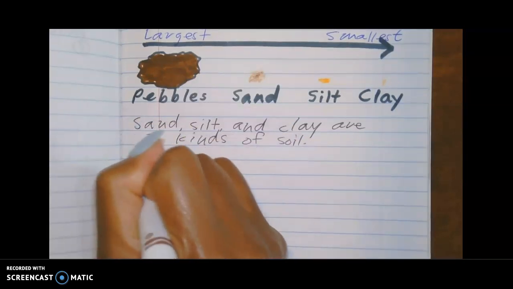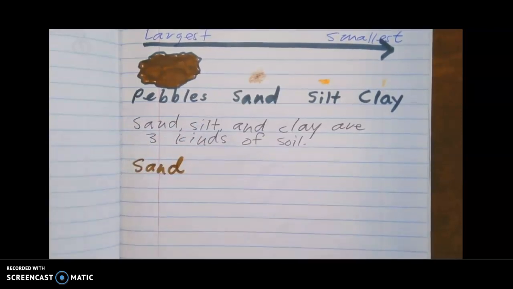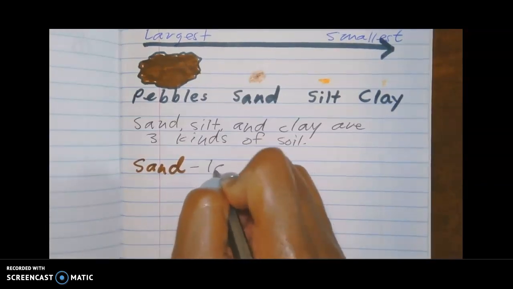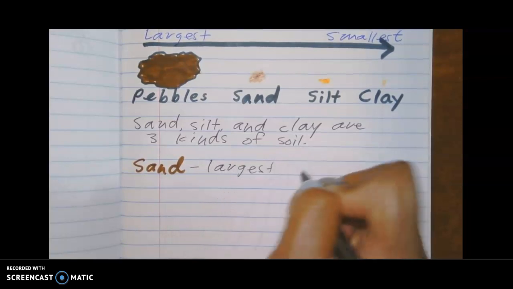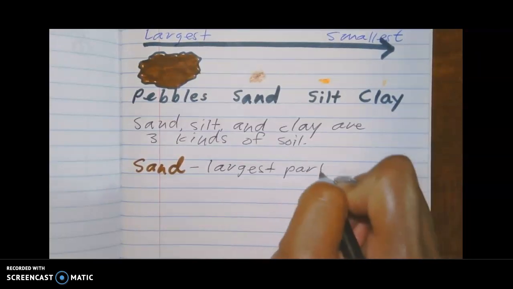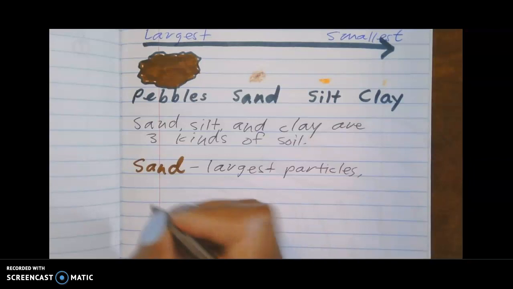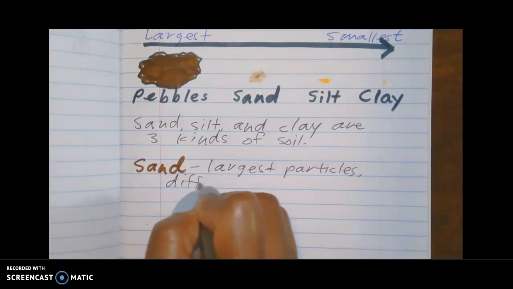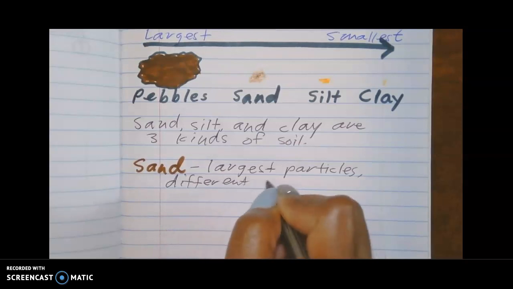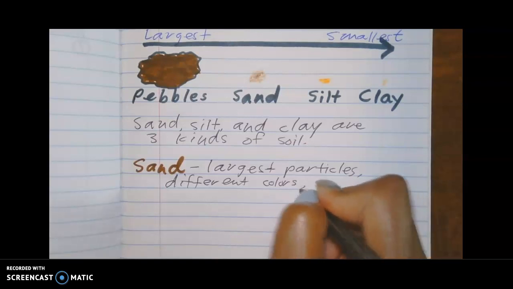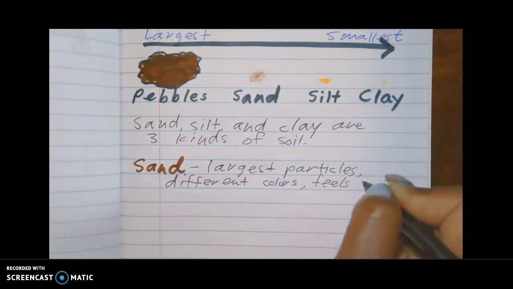Sand. Sand has the largest particles. Sometimes they have different colors. Feels rough.